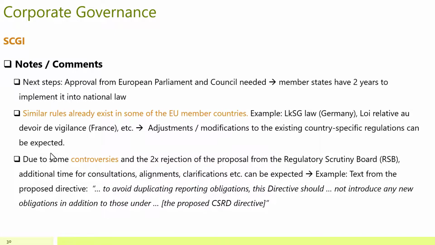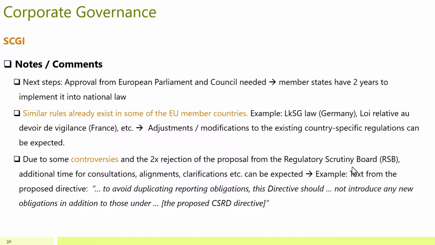And then the other thing is there's some controversy about this corporate governance initiative. The Regulatory Scrutiny Board, RSB, has already rejected the proposal 2 times. And they require additional consultation, alignments, clarifications, and so on.